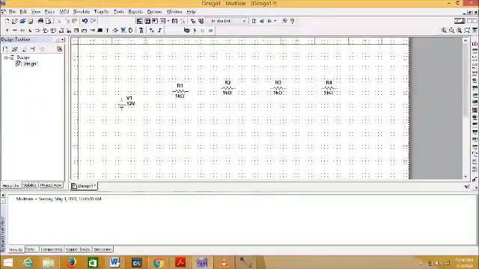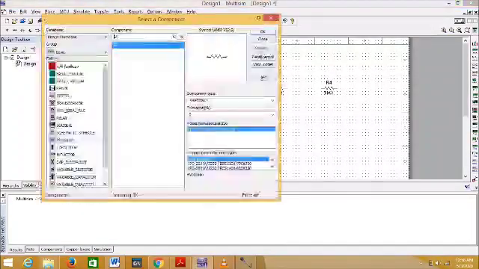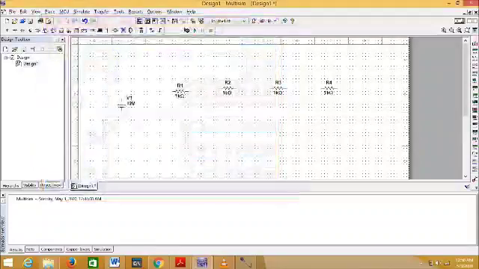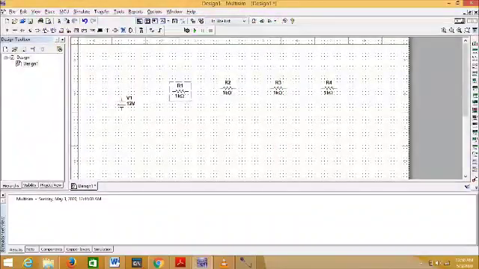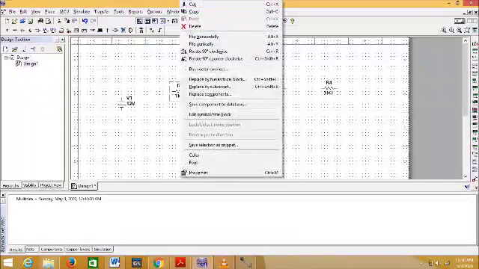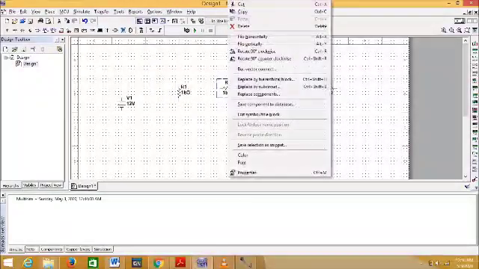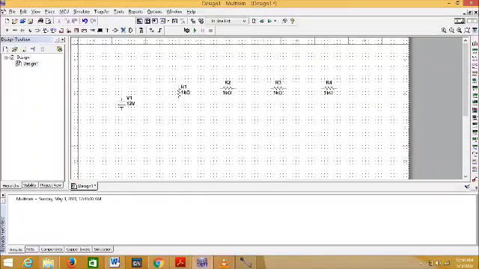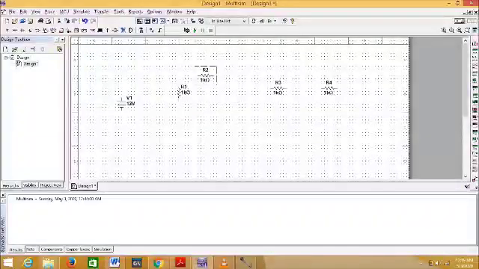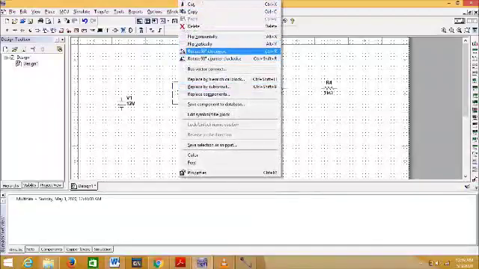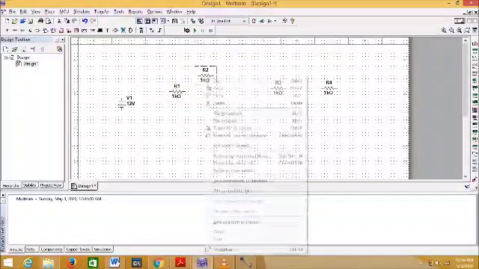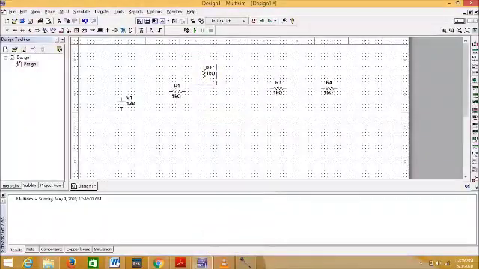After placing 4 resistances, I need to make the necessary connections, right? To make it legible, for my convenience, I'll be rotating these resistors like this.